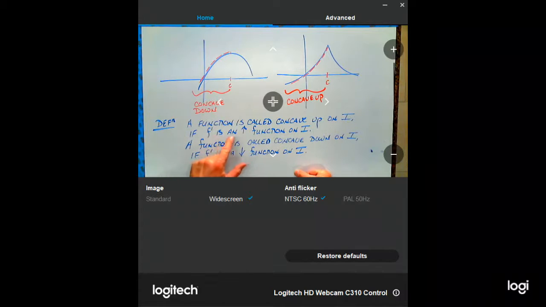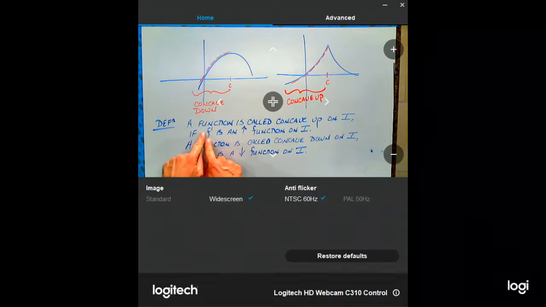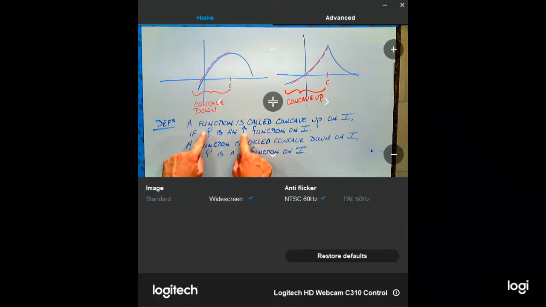It says the derivative is an increasing function. Now, we've already talked in this lesson about the derivative and what it means for a function to be increasing. We said for a function to be increasing, the derivative has to be positive. But here we're talking about the function's derivative is increasing.